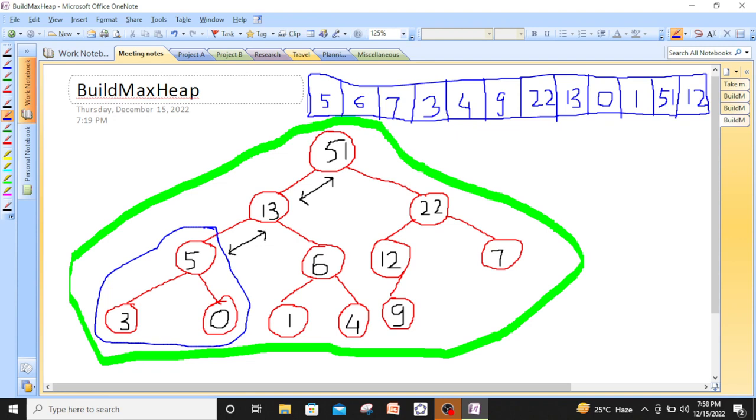So we say that the heap that is obtained here on this screen is called max heap, and the process which we followed to get this heap is called build max heap. And this function is very important because this function will be used in the heap sort.